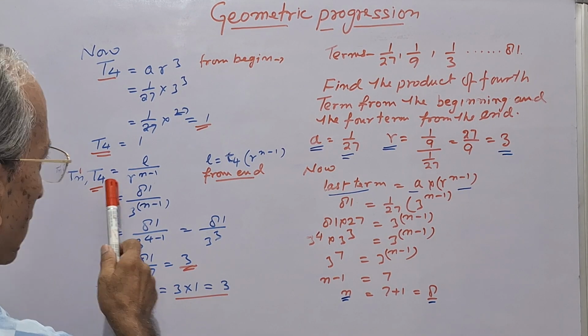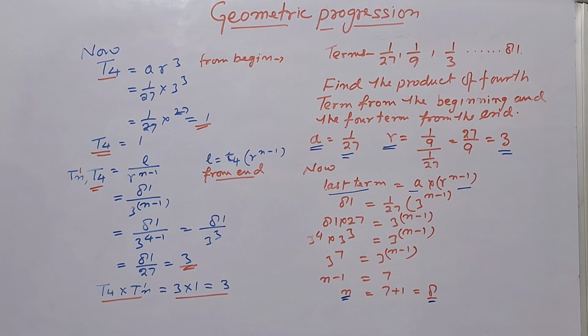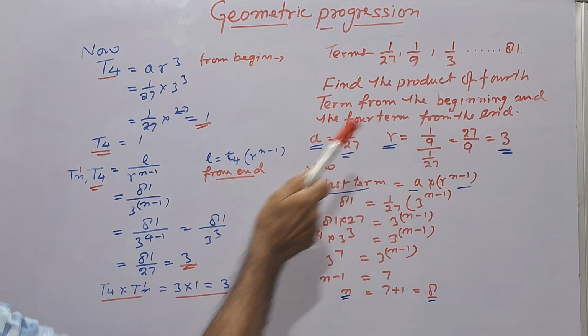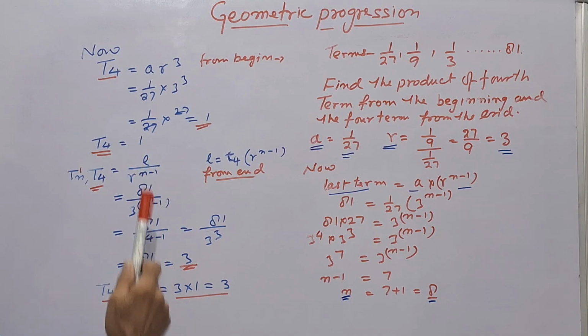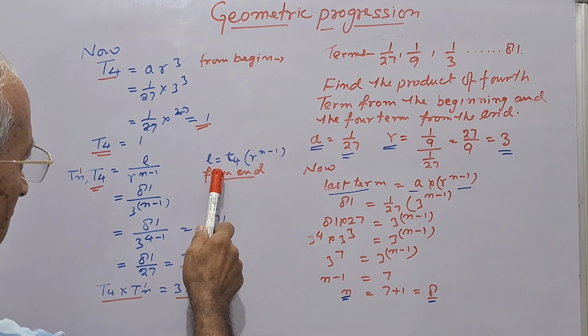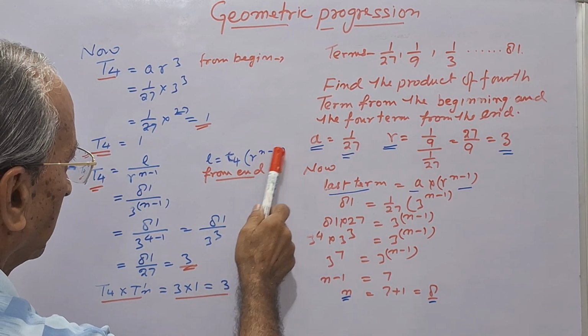Now the 4th term from the last, where the last term is 81, and we know that T4 from the last is L upon R to the power n minus 1, where L is the last term. You know the formula: last term is equal to T_n into R to the power n minus 1.